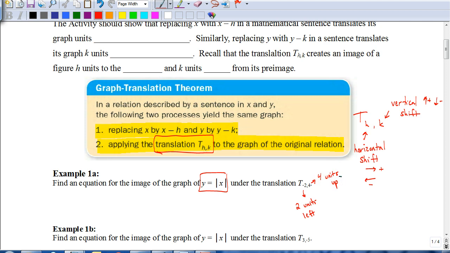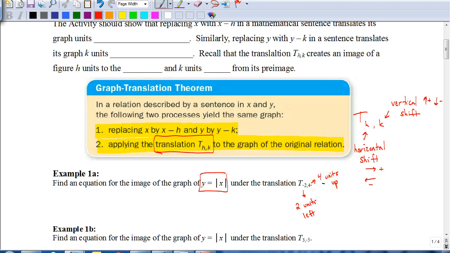That's what that translation is telling us that we're doing. The reason why I know it's to the left is my first number here is negative, and that represents my horizontal shift. So it's going to go to the left 2 units. My second number refers to how it's going to move up or down. It's positive, so it's going to move up 4 units.